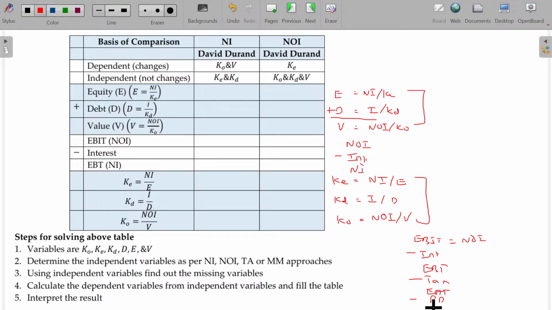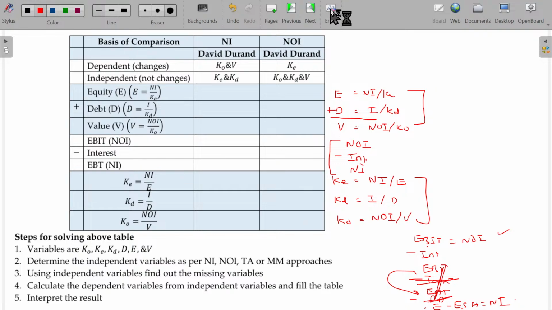EAT minus preference dividend, you will get earnings available to the equity shareholders. This will be called NI. EBIT is called NOI. Earnings available to the equity shareholders is called NI. But anyhow, if we don't have the tax and preference dividend, then you can merge EBT and EAT into earnings available to the equity shareholders. That's how the third block is also formed.